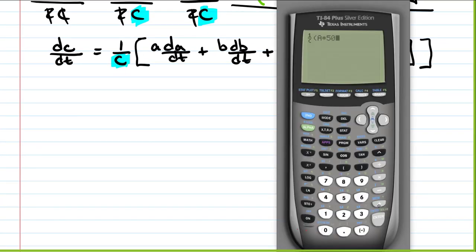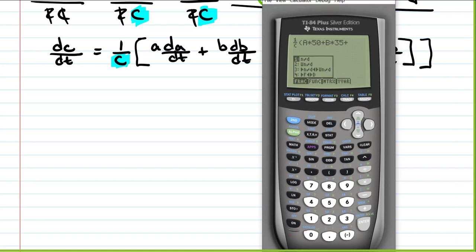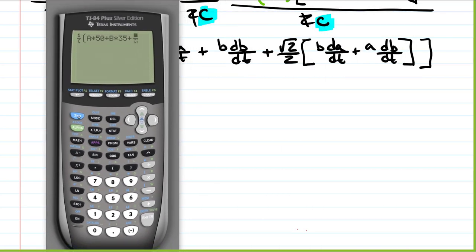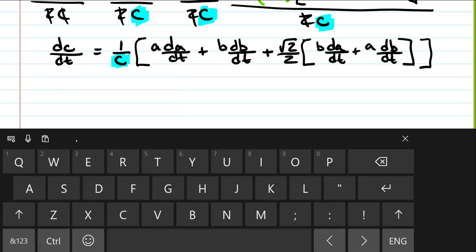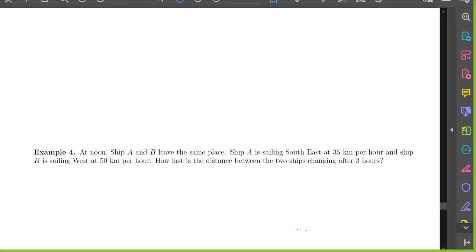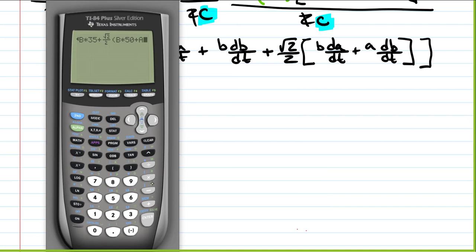So times 50, plus b times dB/dt, which was 35, plus the square root of 2 over 2 times parenthesis b, and dA/dt was 50, plus a times dB/dt, which is 35.